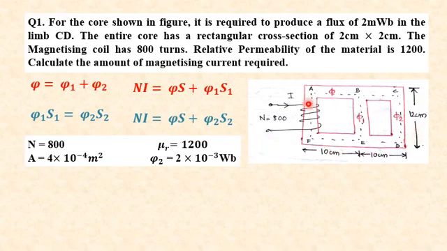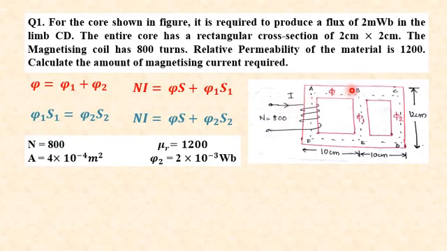Whenever we get a question, one thing to keep in mind is that the flux in the limb where the coil is wound will always be phi. So always mark the flux in the limb where the coil is wound as phi.